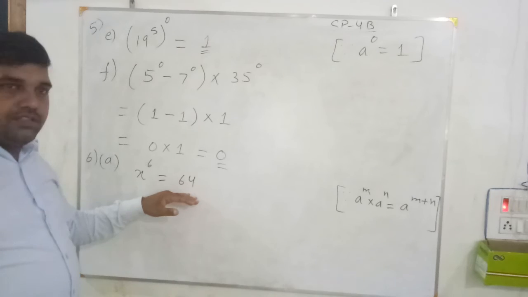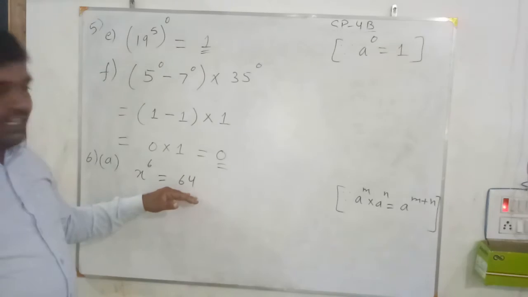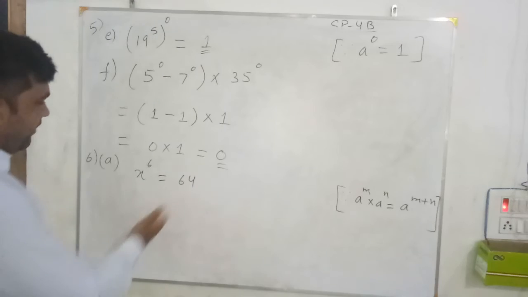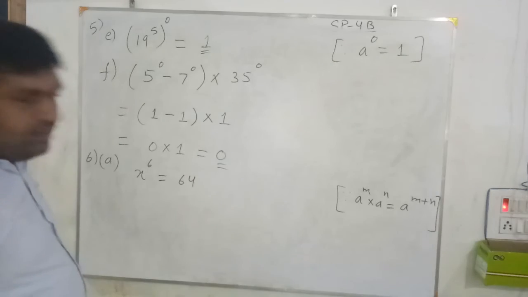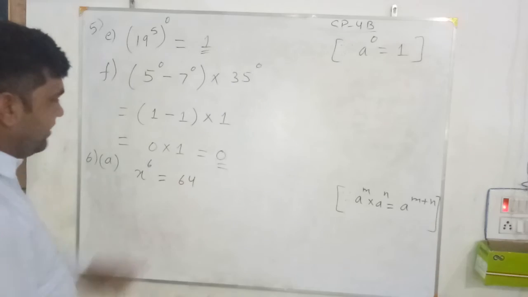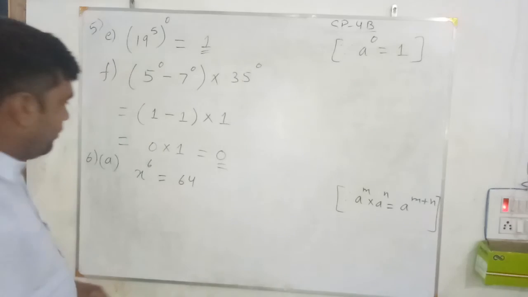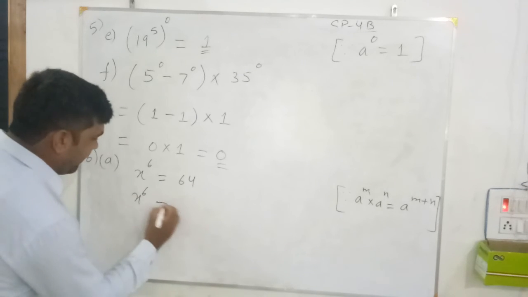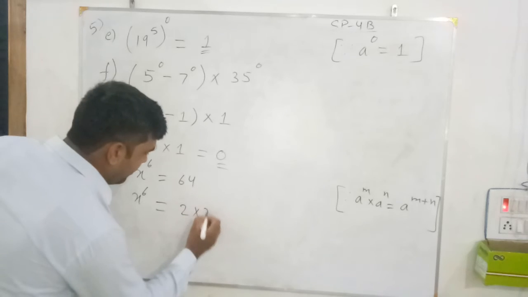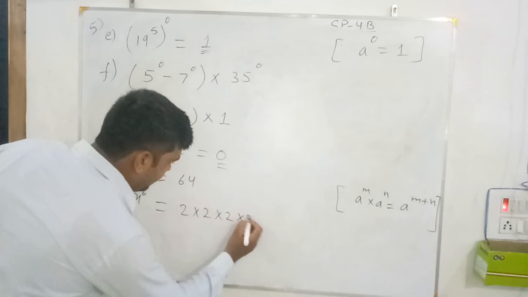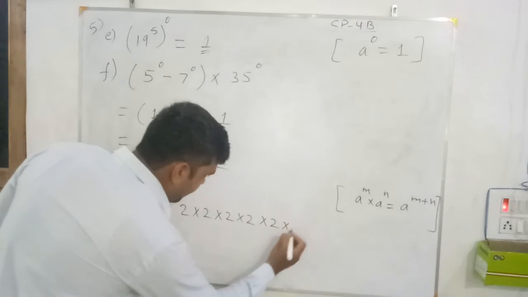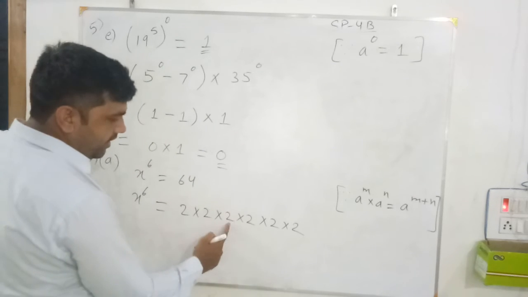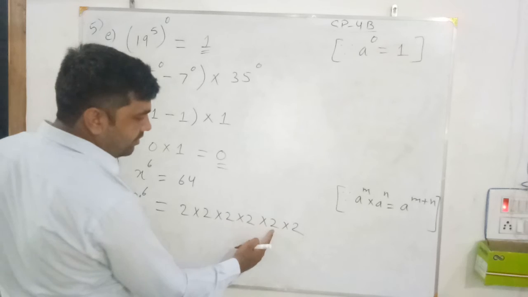Write this 64 in the form of an exponent. When you find the prime factors of 64, you find that 64 is 2 to the power 6. The prime factorization of 64 is 2 multiply 2 multiply 2 multiply 2 multiply 2 multiply 2, see 1 2 3 4 5 6. 2 2s are 4, 4 2s are 8, 8 2s are 16, 16 2s are 32, 32 2s are 64.